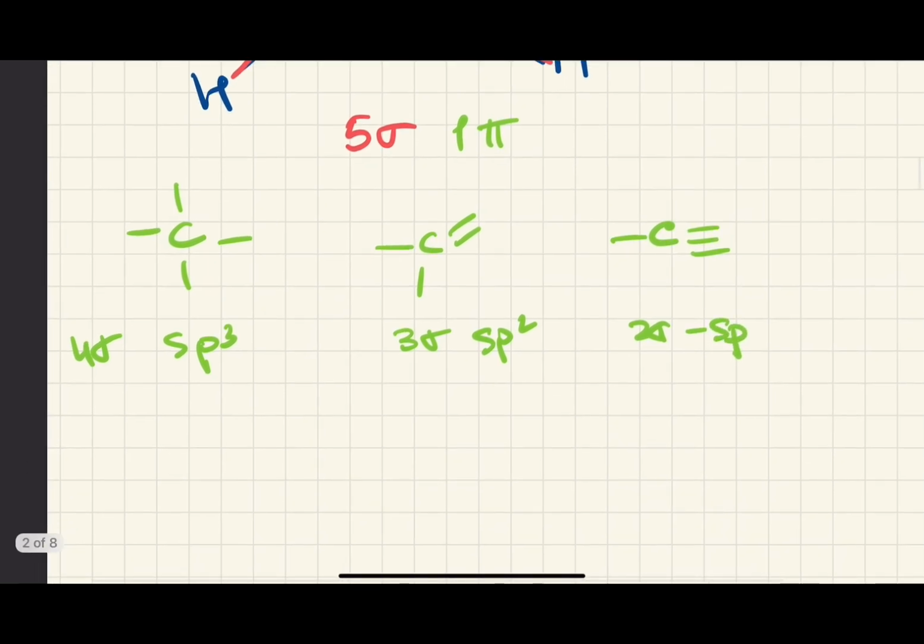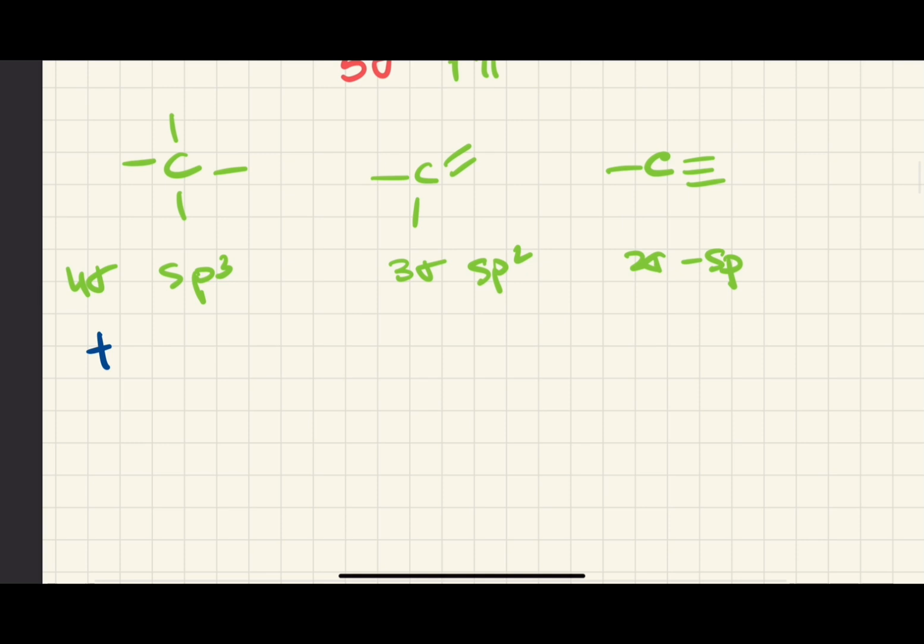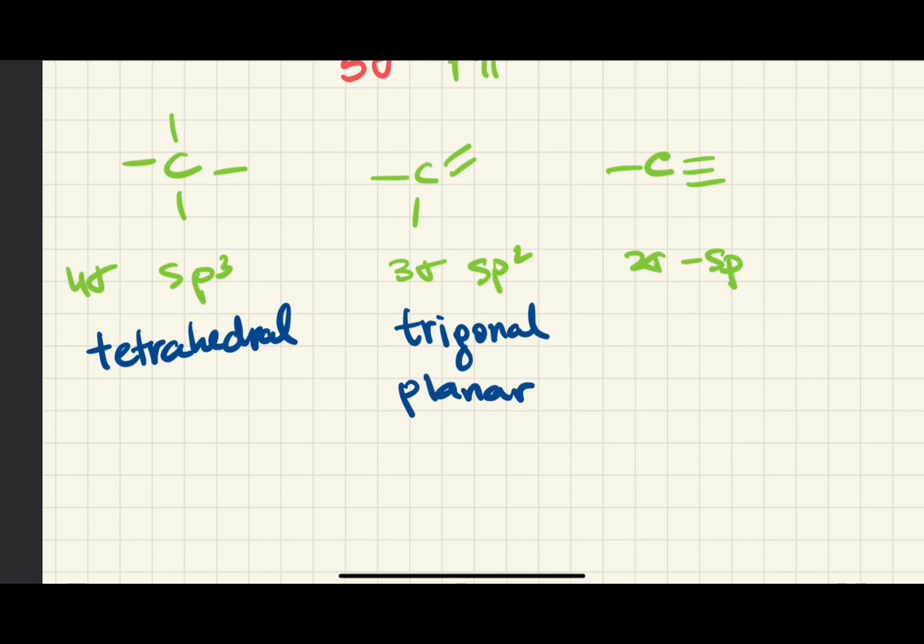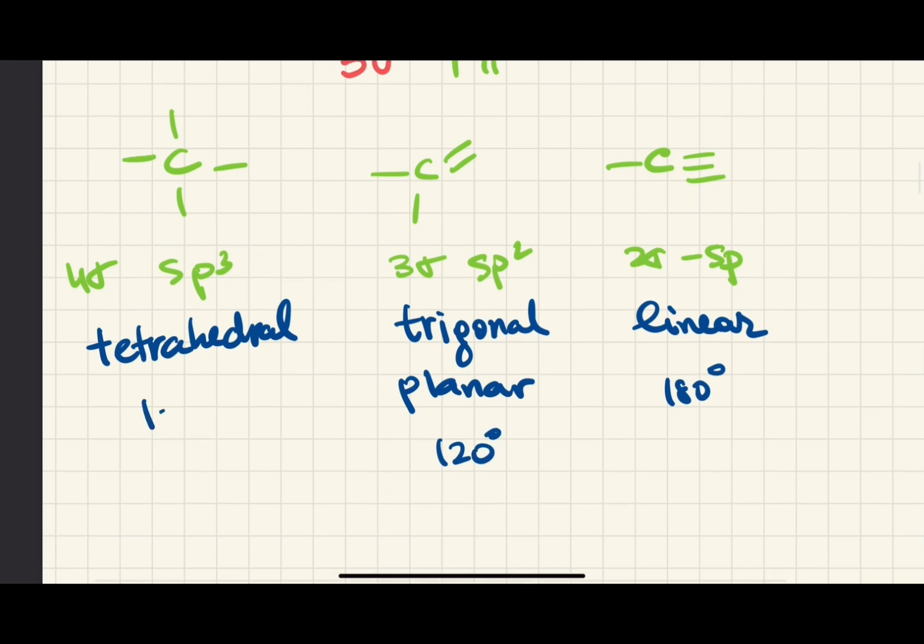And the shapes: for sp3, it would be tetrahedral. For sp2, it is trigonal, not triangular, trigonal planar. And then for sp, it is going to be linear. And the bond angles for them will be 180 degrees for sp, 120 degrees for sp2, and 109.5 for sp3.